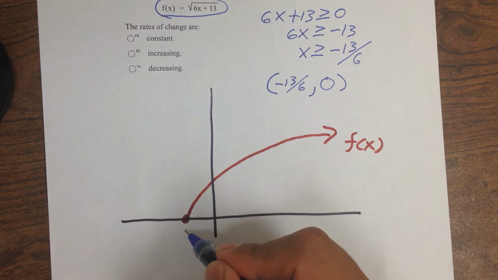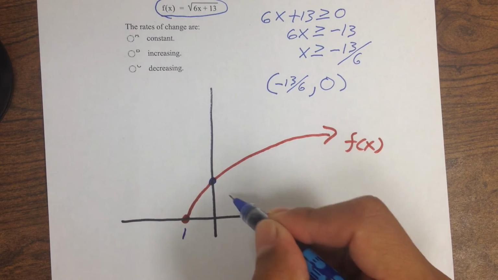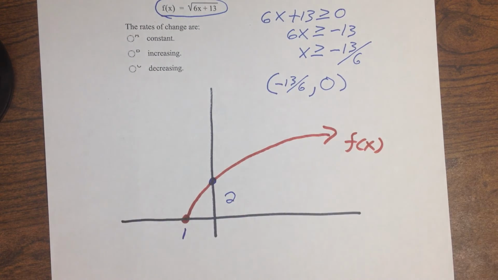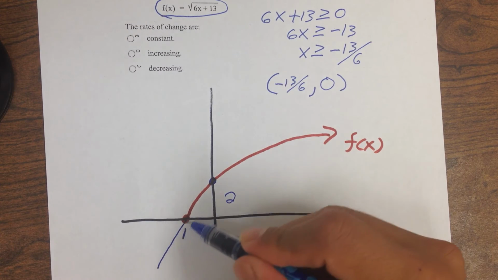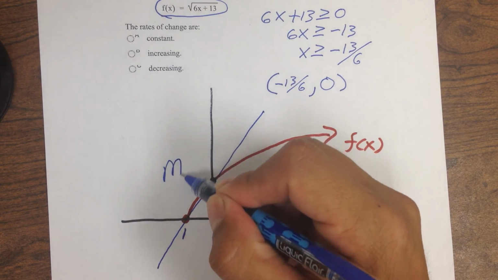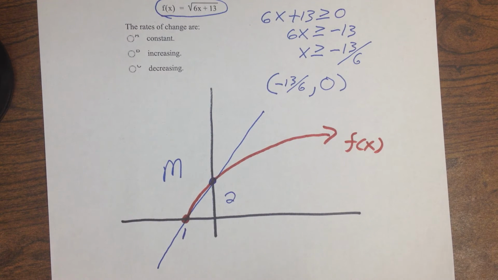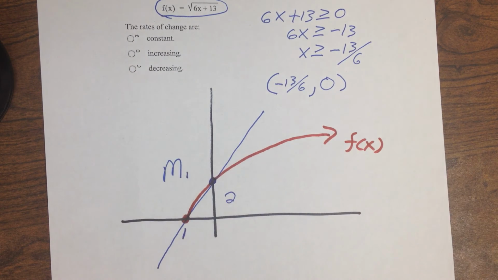However, if I look at this first point here and maybe a second point on the graph, and I connect these 2 points with a straight line called a secant line, then the slope of this secant line would be the rate of change of my function between these 2 points. And this is the first rate of change I'm going to look at.